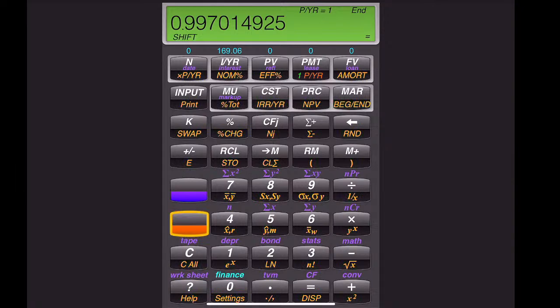Okay, you have to use a red y to the x, or it doesn't work. That could be your problem. 360 equals, change the sign, which is, where's the sign change?